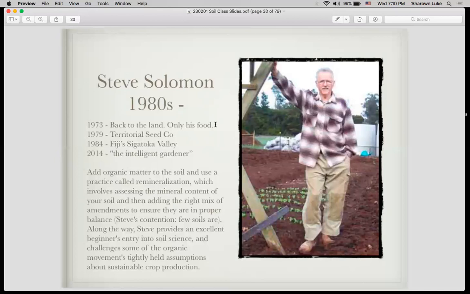balanced soil, because as he started a seed company, his teeth got loose and his daughter's fingers got soft because there was a mineralization issue, which he figured out in 1984. He took a sabbatical to Fiji's Sigatoka Valley, and the food there was produced off of the floodplains of a river.